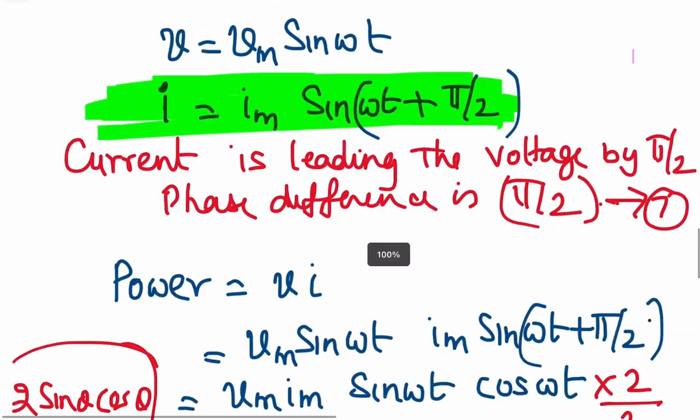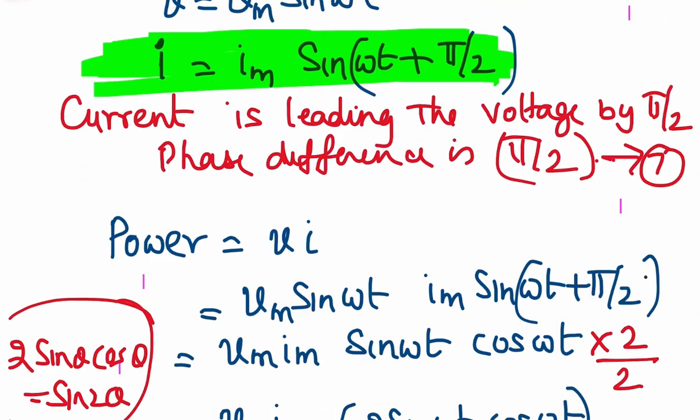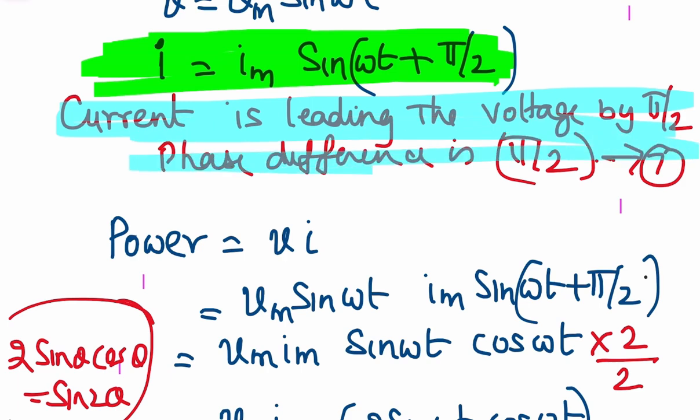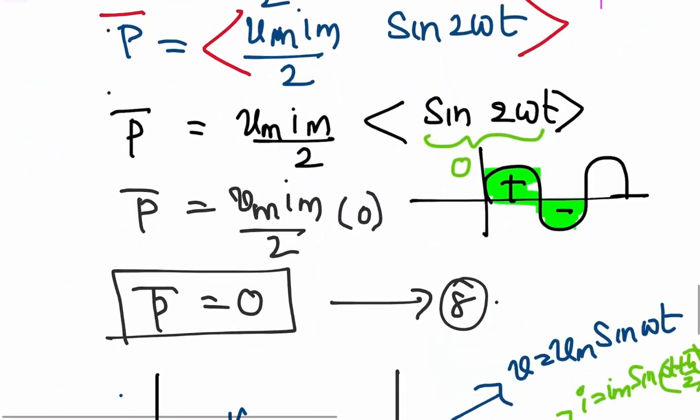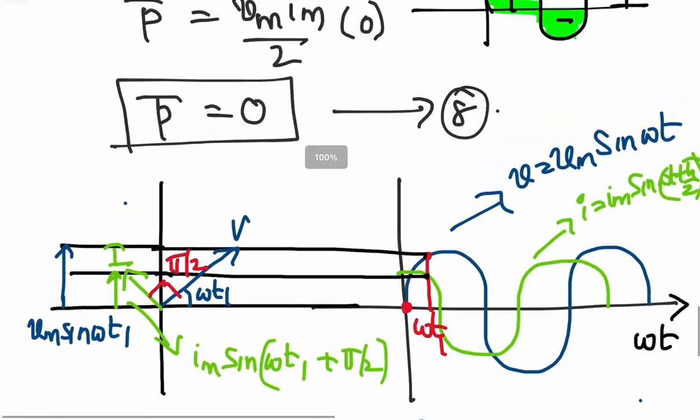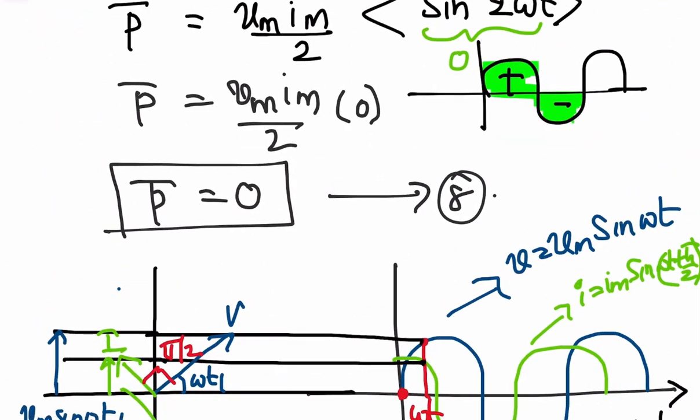Here I wrote about that: current is leading the voltage by pi by 2. The phase difference between both of them is pi by 2. That's also over. The last one is power. Here we have the power. Power is equal to 0 in case of a capacitive circuit.